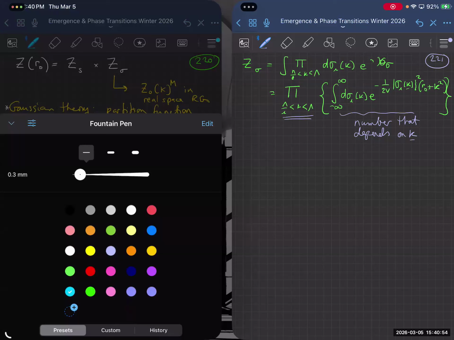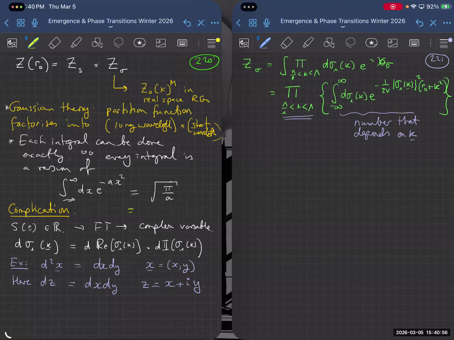So that is equal to root pi times a to the minus a half. A to the minus a half is e to the minus a half logarithm of a. Right? Okay. So therefore you can do in your head what is Z sigma.